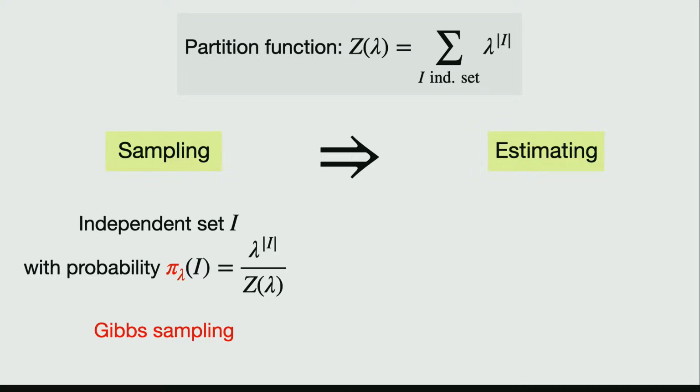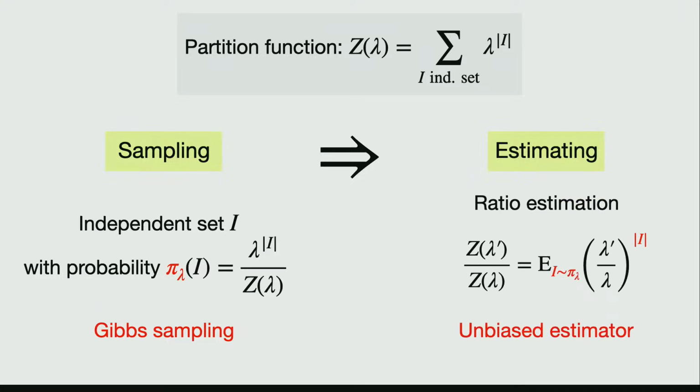And what can you do if you know how to sample from the Gibbs distribution? Well, you can do the following thing. You can estimate the ratio of the partition function at two different parameters. To see why it is the case, this is a simple exercise.